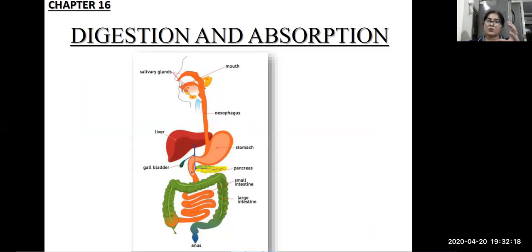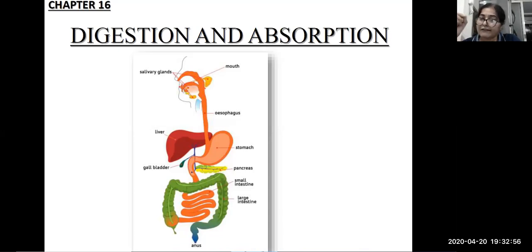So let's start. Why have we taken food? Digestion means some food is going to be digested, or converted into its simple form. Before starting digestion, we should have some basic knowledge. I started from very basic things, from food. Food is the basic requirement of every organism, and food contains many nutrients.